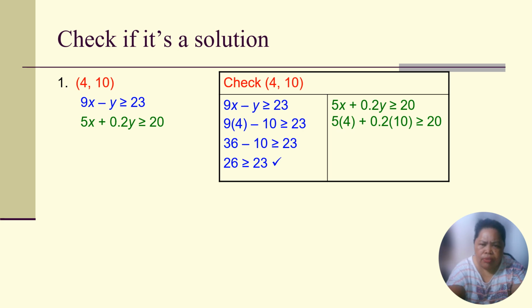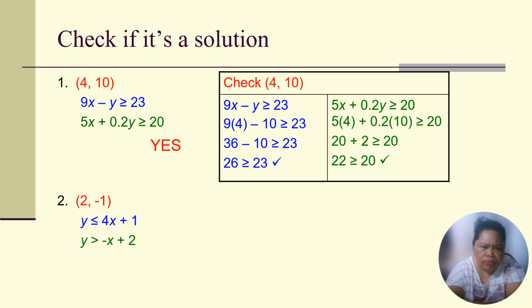It's correct. Next, we have 5 times 4 plus 0.2 times 10 is greater than or equal to 20. So we have 20 plus 2 because 0.2 times 10 is 2. So 22 is greater than or equal to 20. So the answer is yes.